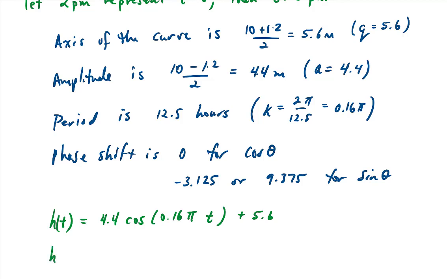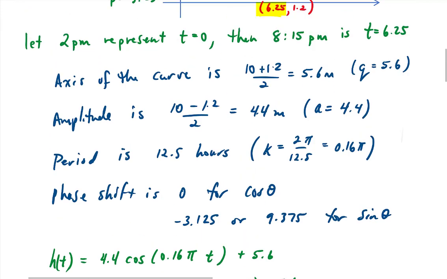If we chose sine, we can have it as 4.4 sine 0.16 pi bracket t minus 3.125, plus 5.6. Using either formula, we should now be able to answer the question.